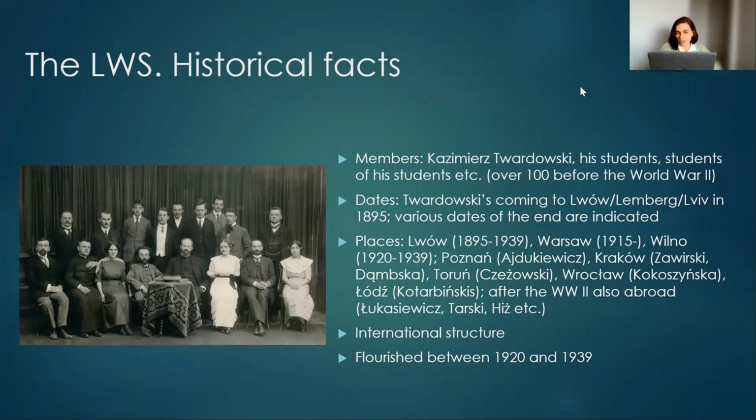Well, the initial date was, of course, 1895. It was the year when Kazimierz Twardowski, who was a Pole but born in the capital of Austria-Hungary, in Vienna, educated in Vienna and habilitated at the University of Vienna, came to Lwów to take the chair for philosophy, in Lemberg, because at that time it was part of the Austria-Hungary Empire.